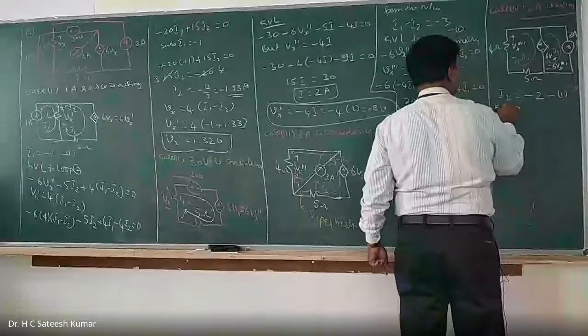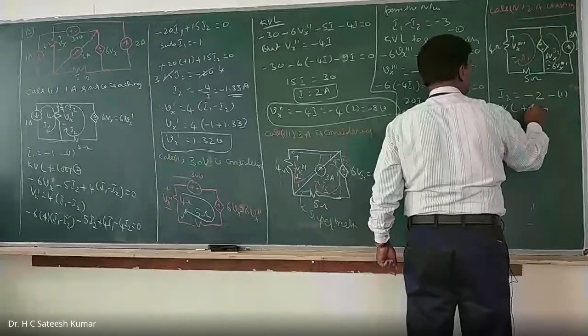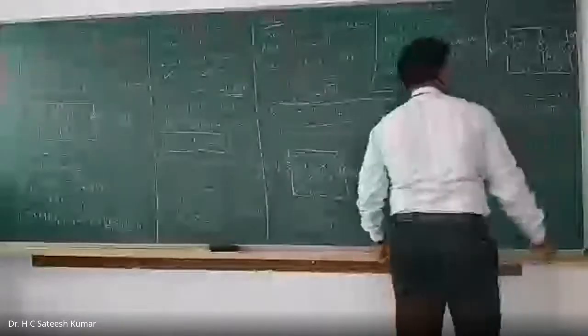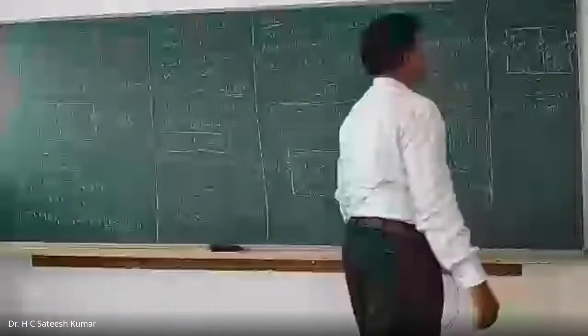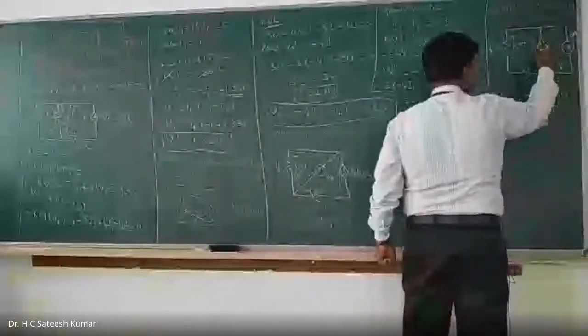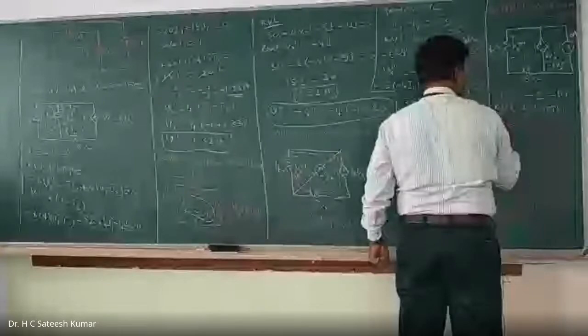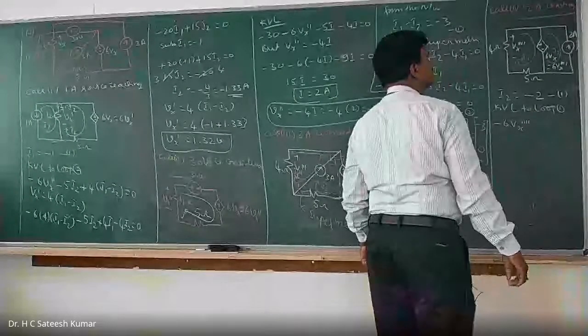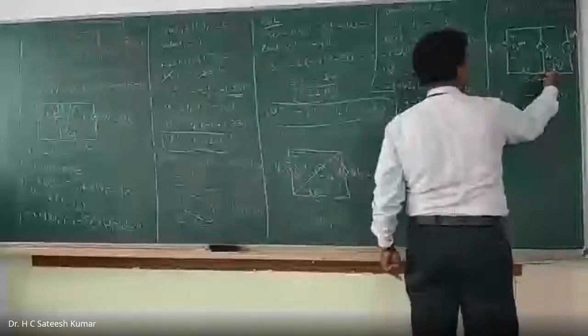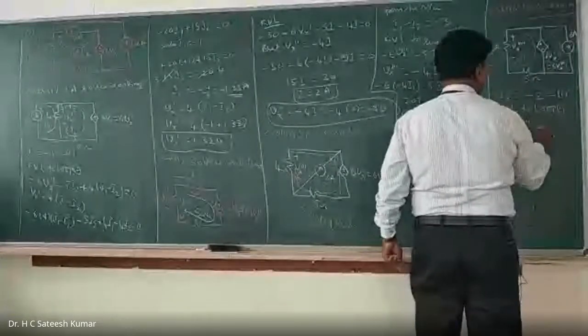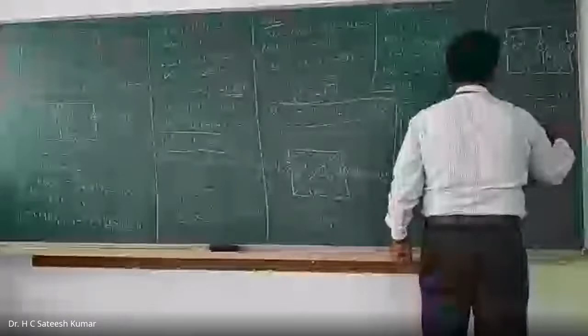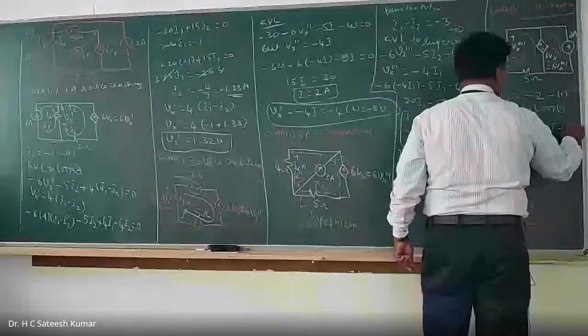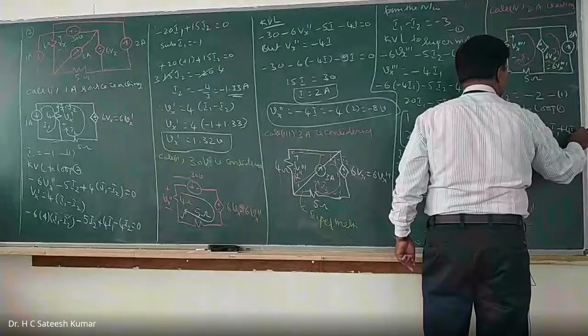Next, KVL to loop 1. Just start from this point. Plus to minus: minus 6 Vx 4 dash. And next, we have minus 5 into I1 plus 4 into I1 is equal to 0.